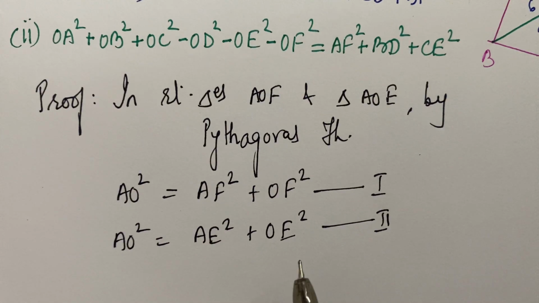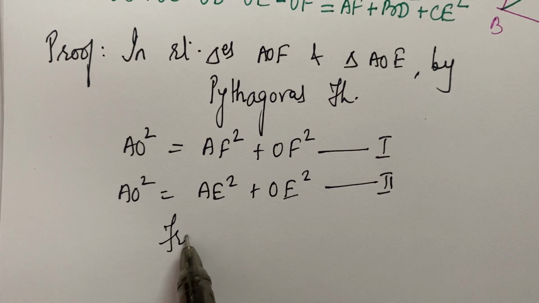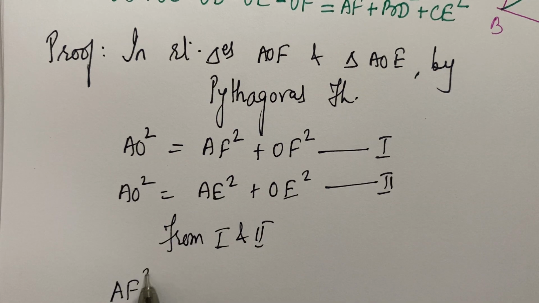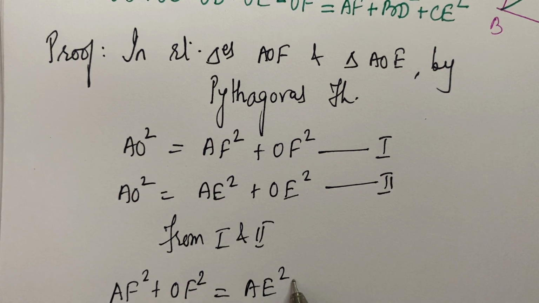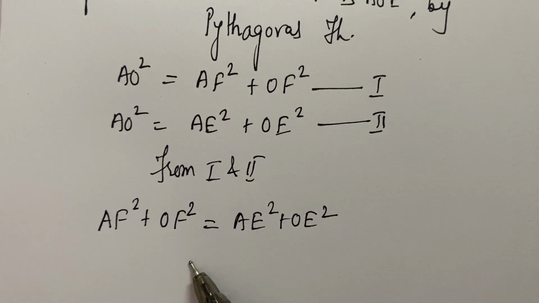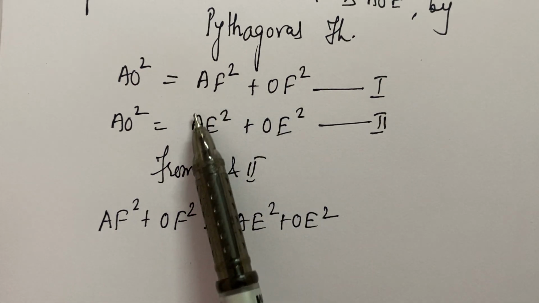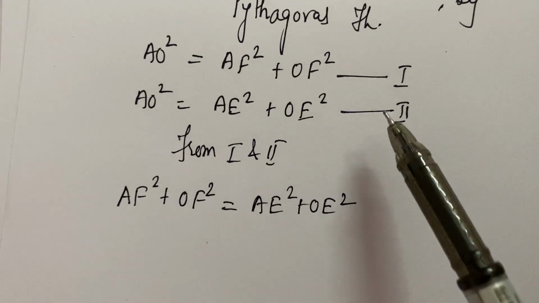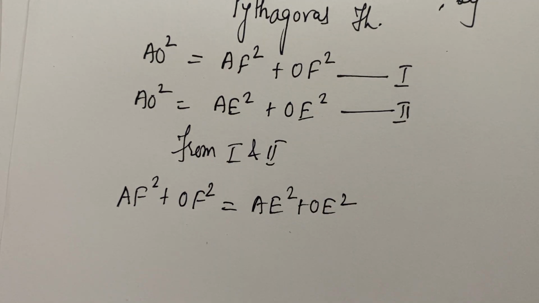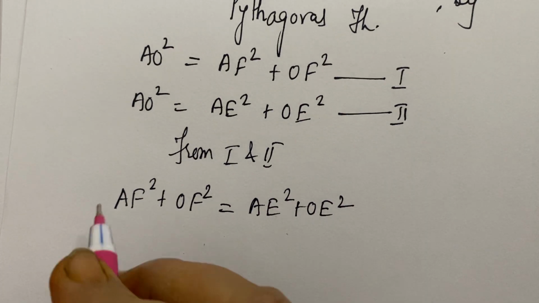From 1 and 2, AF square plus OF square is equal to AE square plus OE square. Now every time we are not going to write in this manner. We will write the result directly. Now we have understood how we are getting this relationship, so directly we can write the relationship similarly.